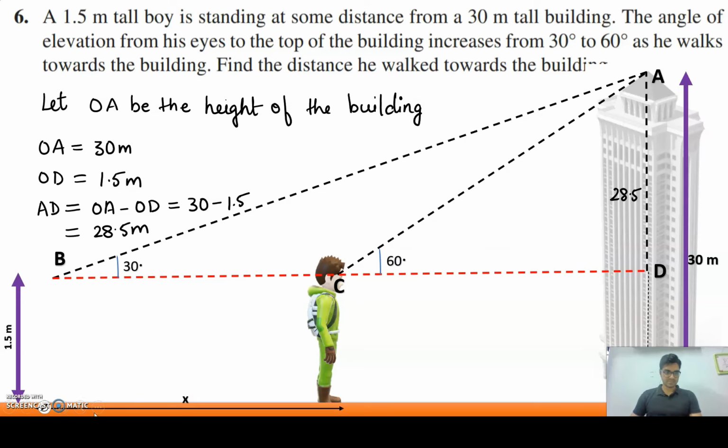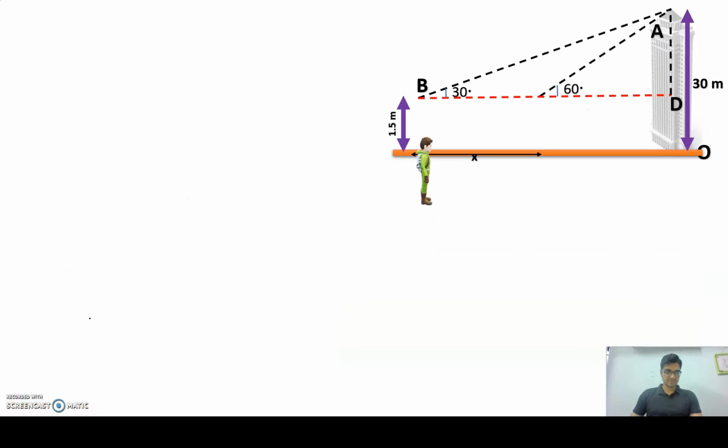I hope you have understood this much. So let us solve now. In triangle ABD, we are going to apply tan 30 rule. So tan 30 is what? Opposite upon adjacent. What is opposite over here?